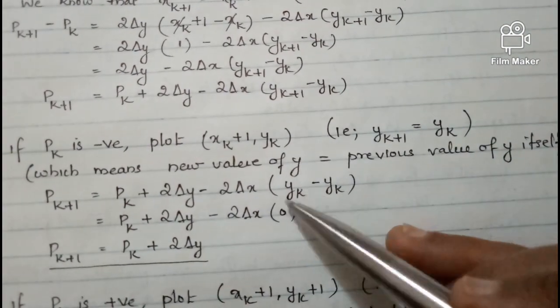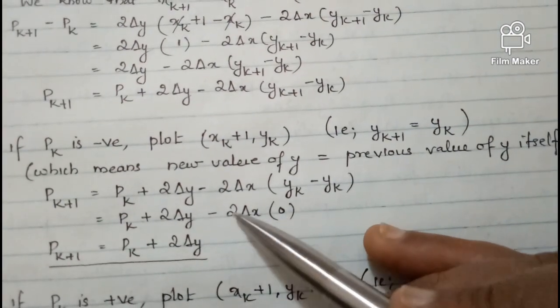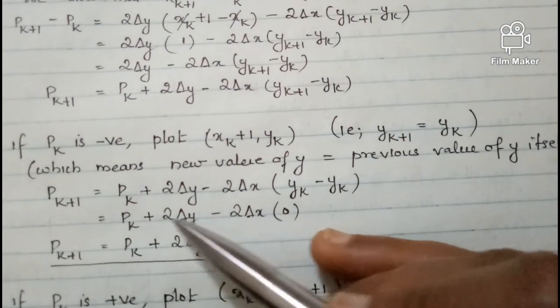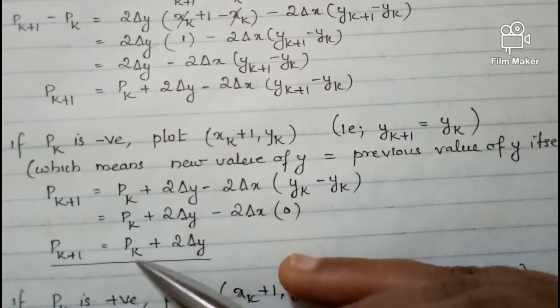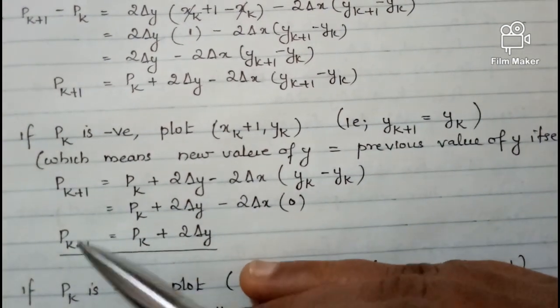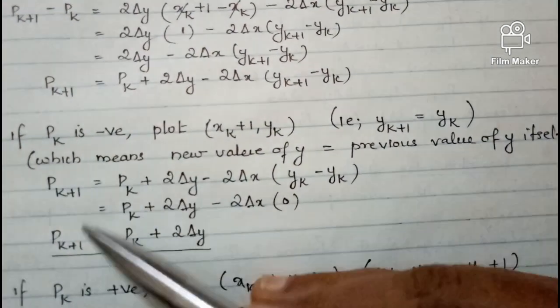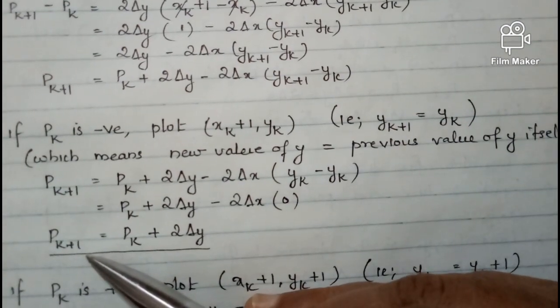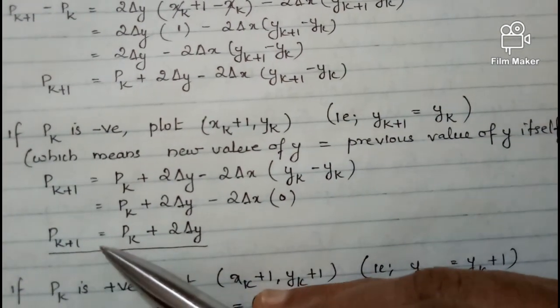In the next step, yk minus yk will become 0, and 0 into 2 delta x will become 0. So the only remaining terms are pk plus 2 delta y.